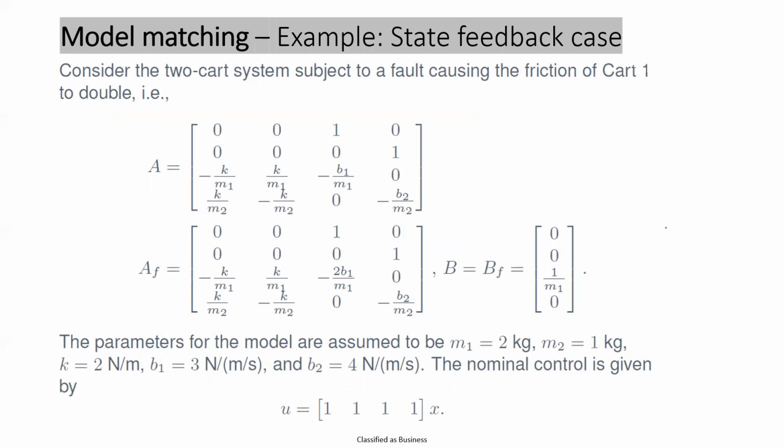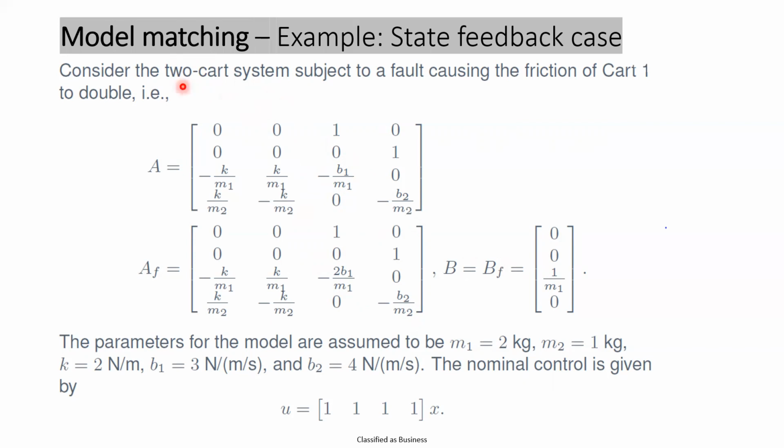There is an example here. In this example, I have assumed a fault in the dynamics of the system. So everything is the same, B and BF are the same. If you notice here, only this element of the matrix A changes, which is the dynamics of a two-cart system. I showed the system last week.